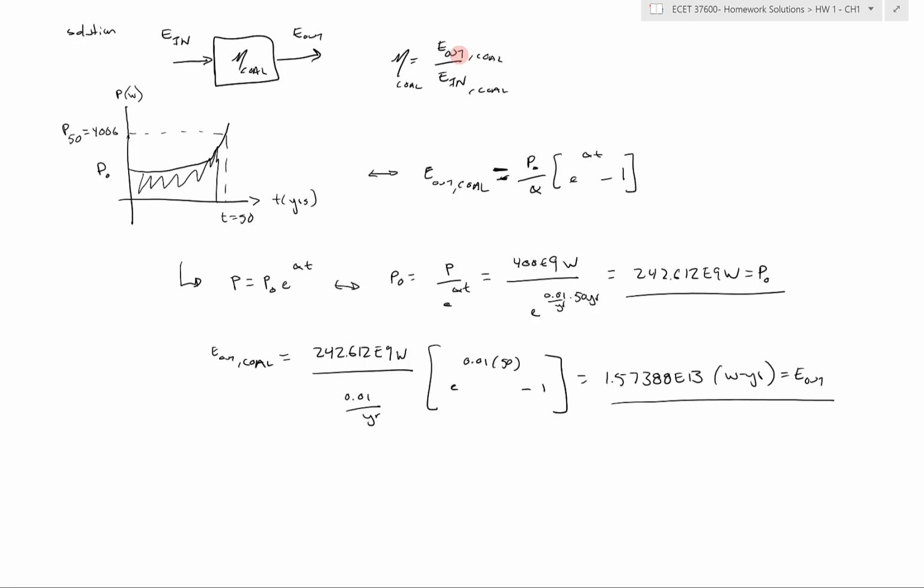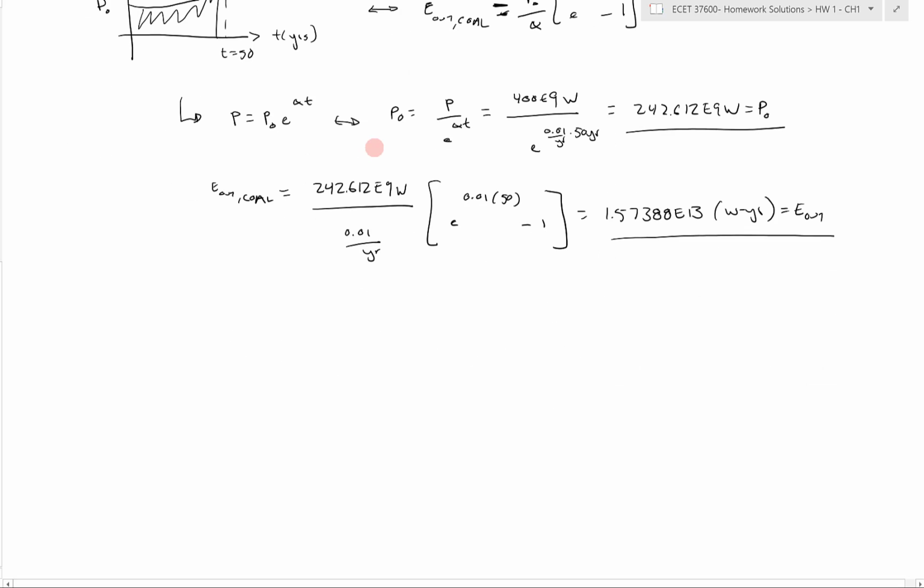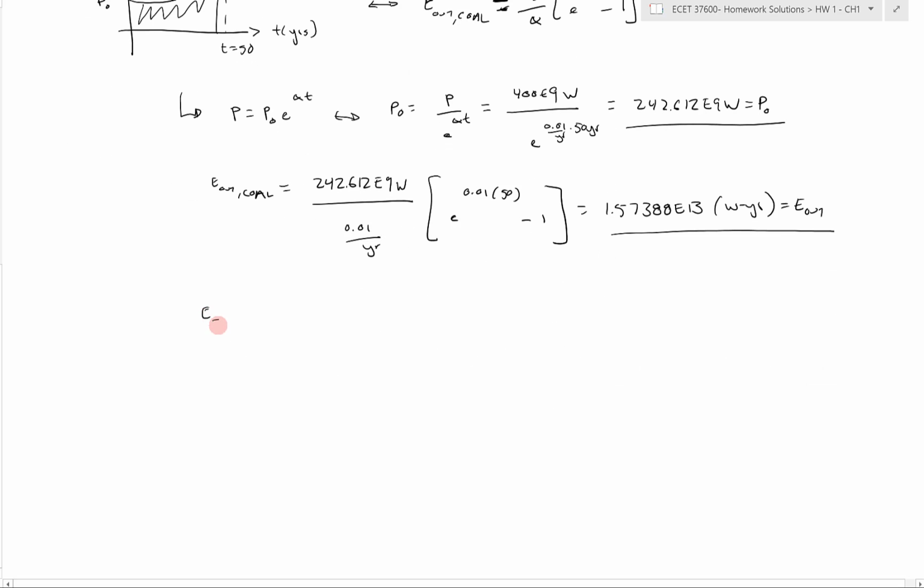So next we need to know what the input fuel energy is to get the denominator. The input fuel energy, we were told that it was 84 gigatons. Just like a gigawatt is e to the 9th watts, the gigaton is e to the 9th tons. So we got 84 times 10 to the 9th tons of coal.